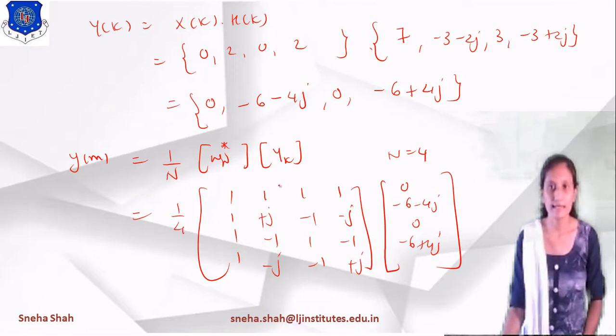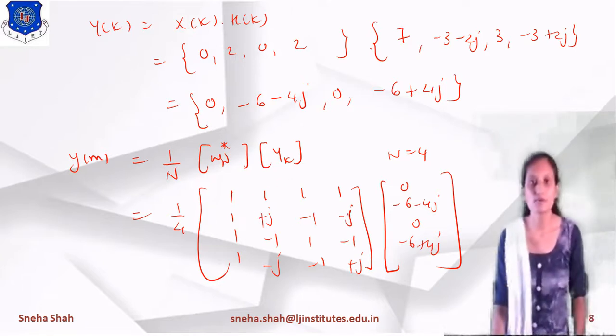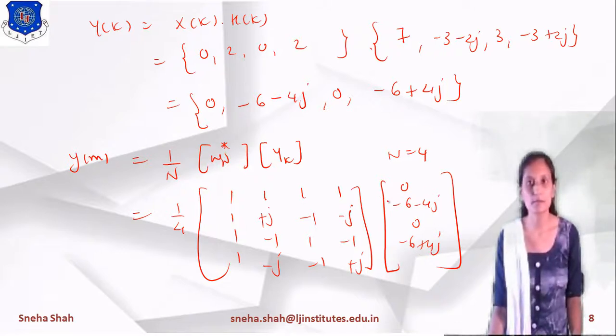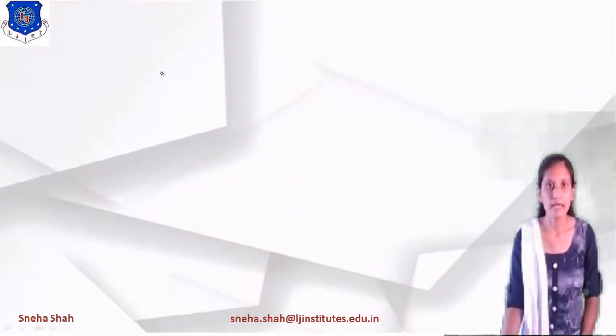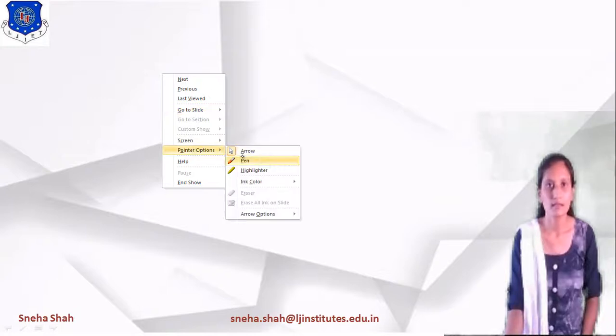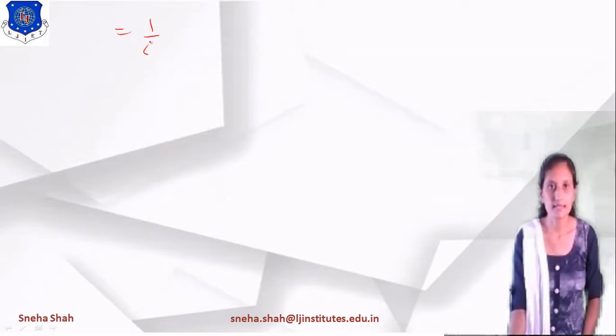Now if I multiply these terms, it gives 1 into 0 means 0, and 1 into this term is this term. So minus 6 minus 4j, minus 6 plus 4j. The minus 4j plus 4j will cancel out, and this term will be minus 6, meaning minus 12. So the first term is minus 12, and the constant 1 by 4 stays as it is, right?